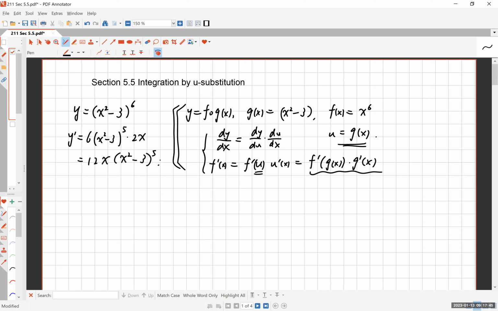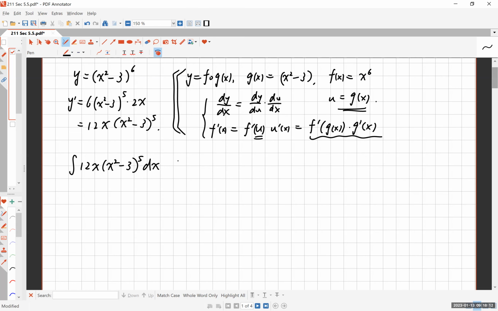All right, now every time you have a differentiation rule, you can also change that into an integral formula or integral statement. And so what is that? Well, if you happen to come across this integral like that, you can find an antiderivative of this.